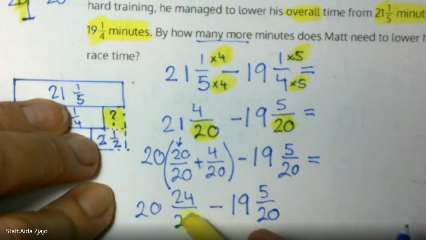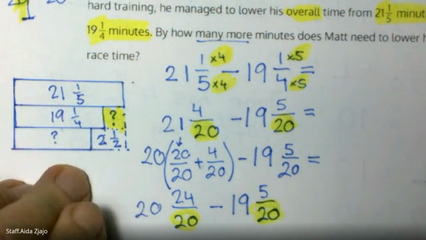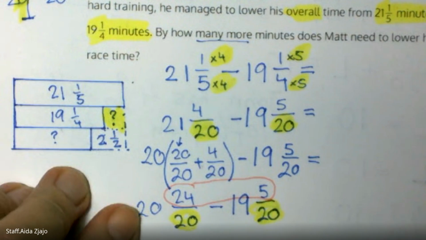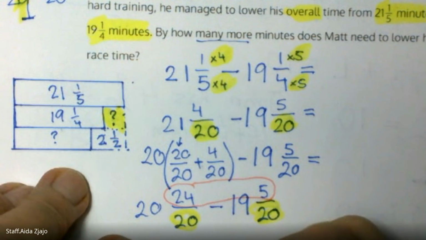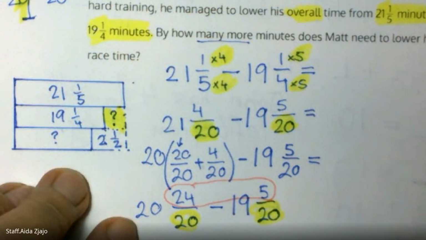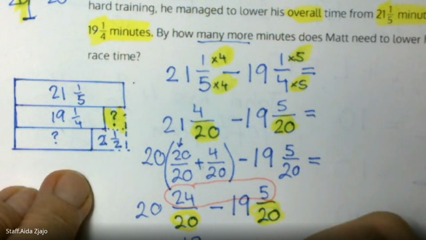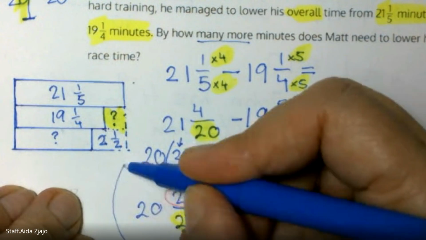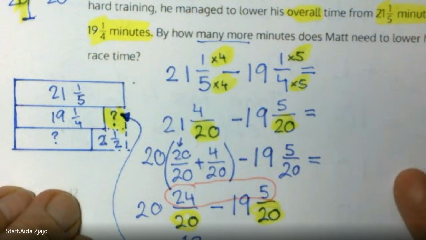When the pieces are the same, I have 24 pieces and I can take away 5. 20 wholes minus 19 wholes leaves 1 whole, and 24 minus 5 is 19 twentieths. So now I know how much he lowered his time.